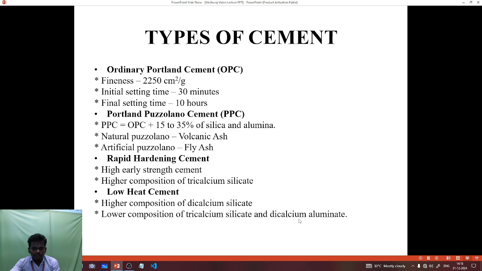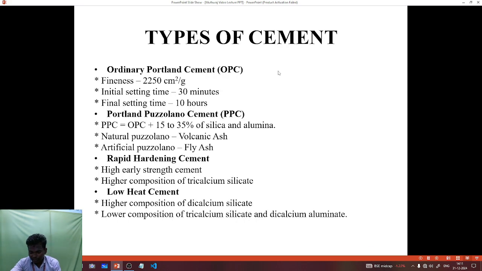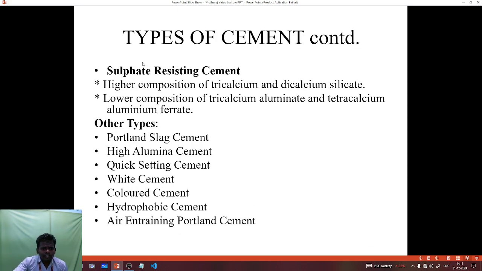These four are the major compositions that go into cement particles. Types of cement continue, as previously we stopped with low heat cement. Next is sulfate resisting cement, with a higher composition of tricalcium and dicalcium silicate and a lower composition of tricalcium aluminate and tetracalcium aluminoferrite. Some other types of cements are Portland slag cement, high alumina cement, quick setting cement, white cement, colored cement, hydrophobic cement, and air entraining Portland cement.